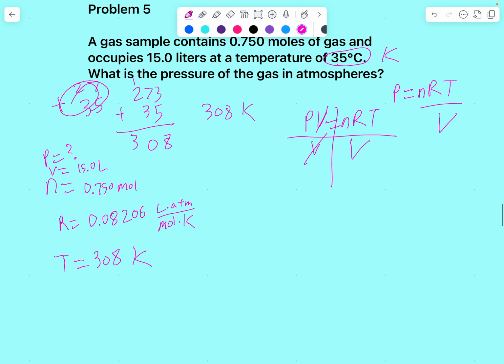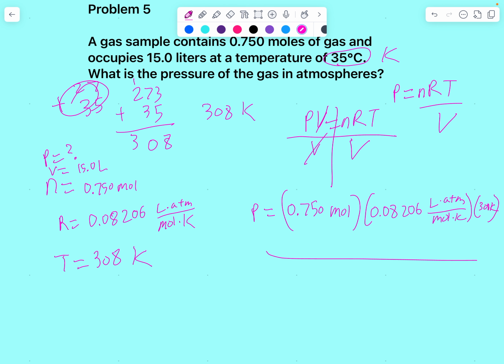P equals 0.750 moles times 0.08206 L times atm all over moles times Kelvin. The temperature would be 308 Kelvin, all over a volume of 15.0 liters, right?